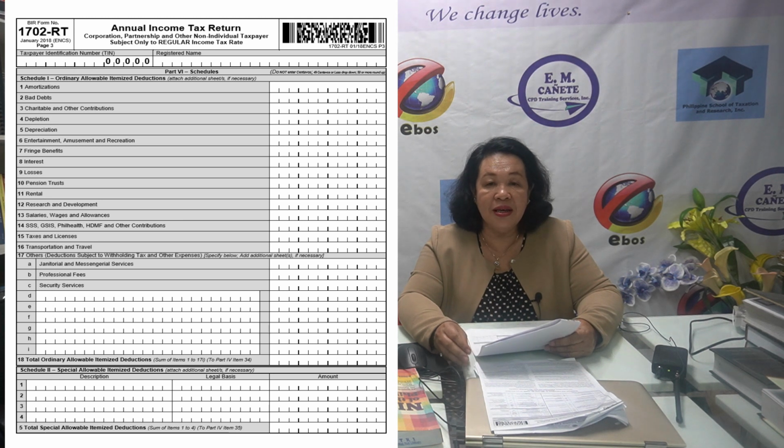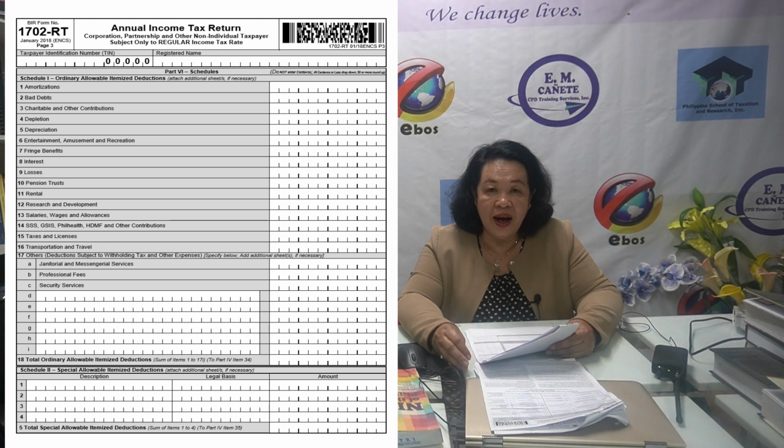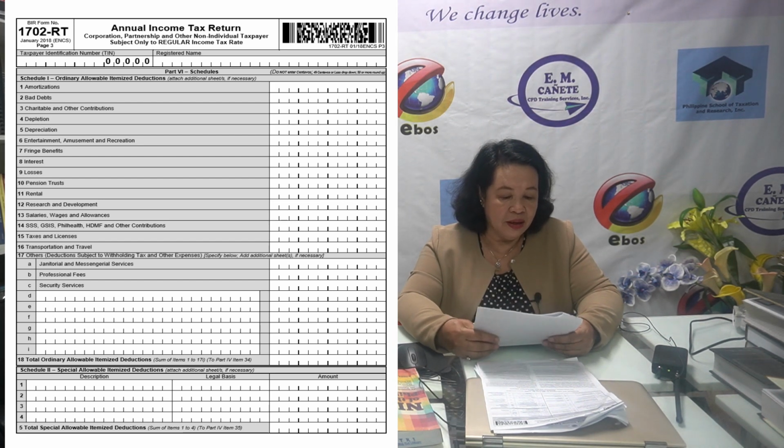The limit is, if you are engaged in the sale of goods, 1/2 of 1% of the sale of goods and services. If you are dealing with the sale of services, 1% of the sale of services is the limit for your representation and entertainment expenses.